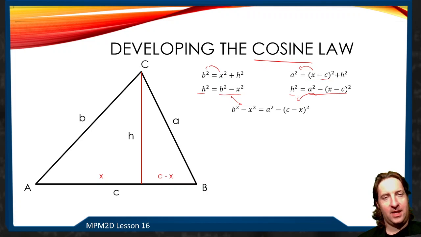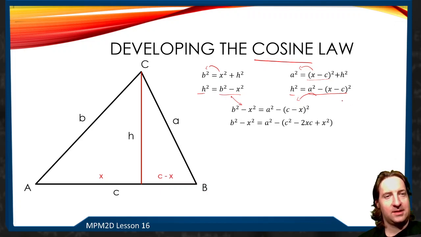Now, you should notice here, this is c minus x all squared. I can FOIL this out. I can expand this. This is c minus x multiplied by c minus x, and then I can do first, outside, inside, last. And I can come up with c squared minus 2xc plus x squared.